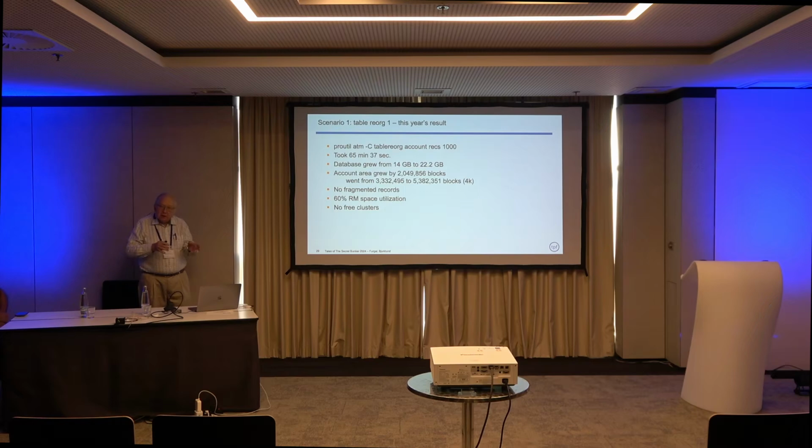And it can reuse some of the original clusters once they've been emptied, but because the records are not properly ordered, it takes a long time for those things to get emptied. So the database grows. So in this case, it grew by 2 million blocks. And then we end up with no fragmentation, but only 60% utilization because all the original locations for the records, that space is now free, so it's not being utilized. So we go from 92 to 60 because of that.